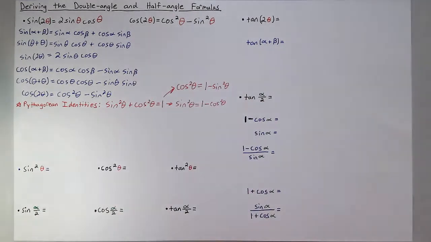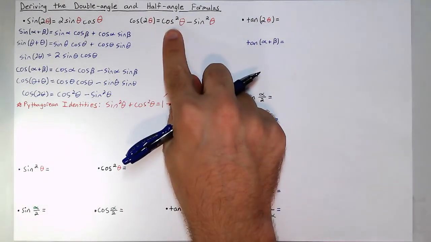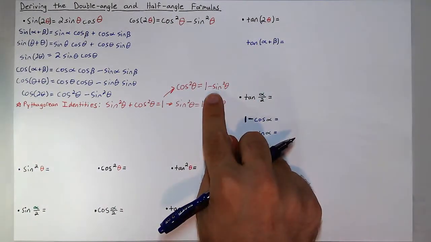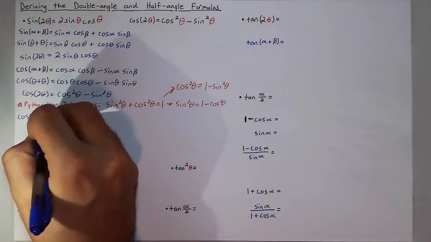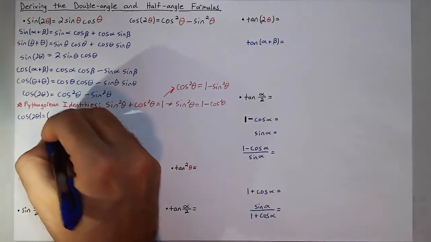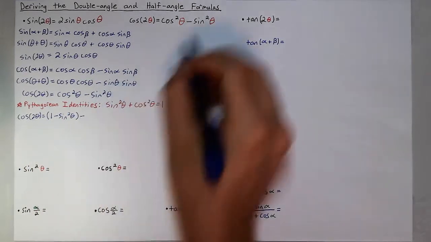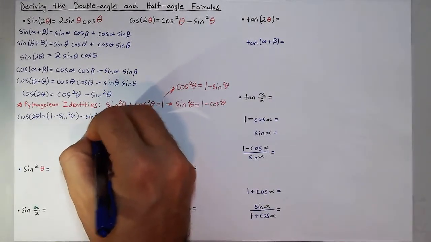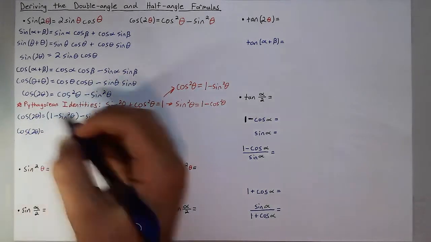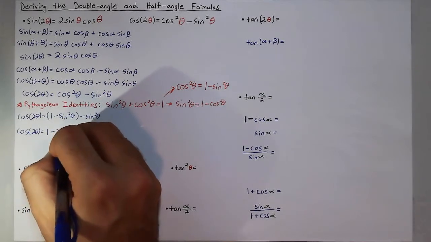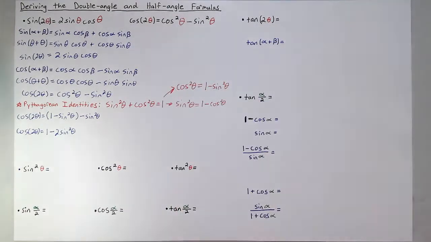So to show you an alternate way to write this double angle identity, I can replace cosine squared with 1 minus sine squared. So if I take cosine of 2 theta, and instead of writing cosine squared, I write 1 minus sine squared of theta, then minus sine squared of theta, I get that cosine of 2 theta is equal to 1 minus 2 sine squared of theta, which is another way to write this identity.